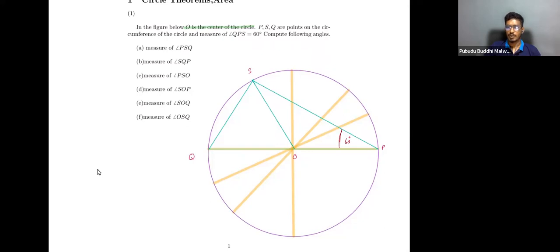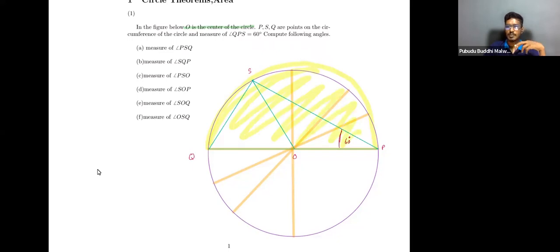And more importantly, focus on this part now. Since QP is a diameter, what do you think about this yellow colored part? Actually, that's a semicircle. Why?